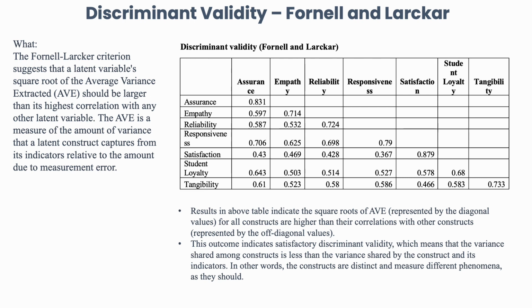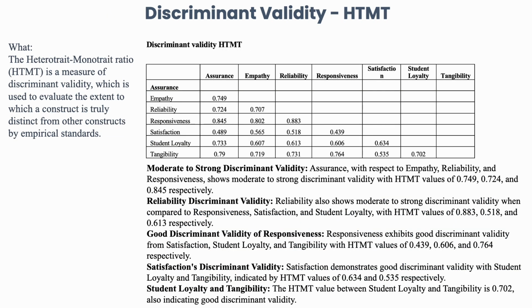Now, moving on to the next discriminant validity measure, which is HTMT, and this will be the final slide. What actually is discriminant validity HTMT? It is known as the heterotrait-monotrait ratio, or HTMT.